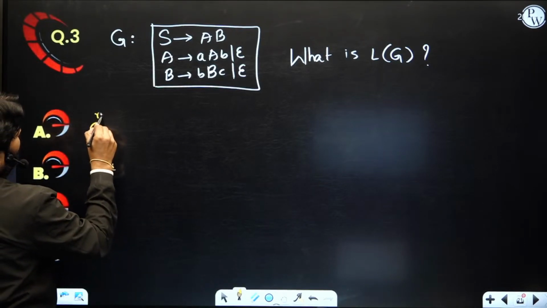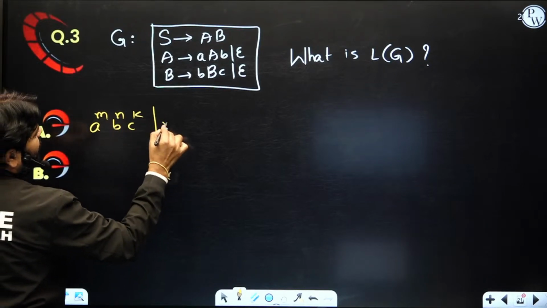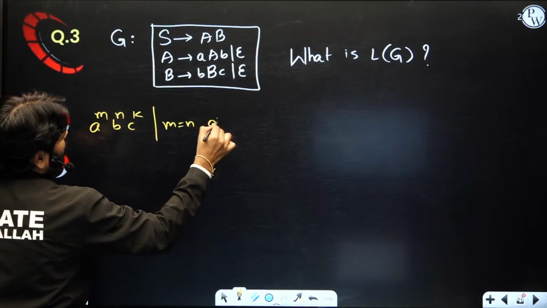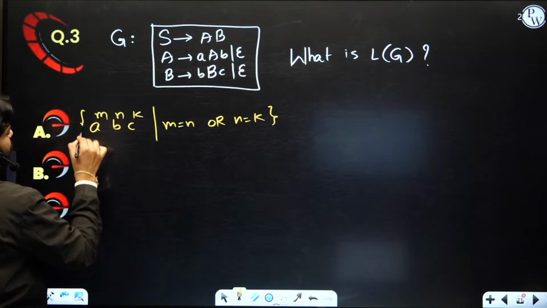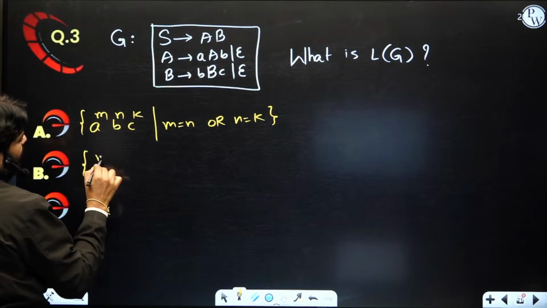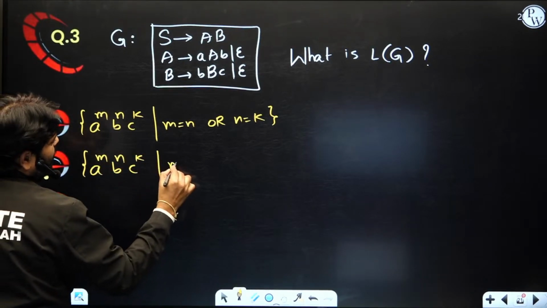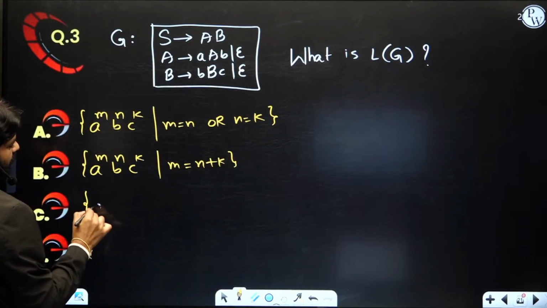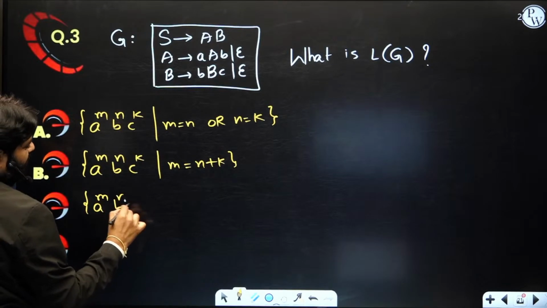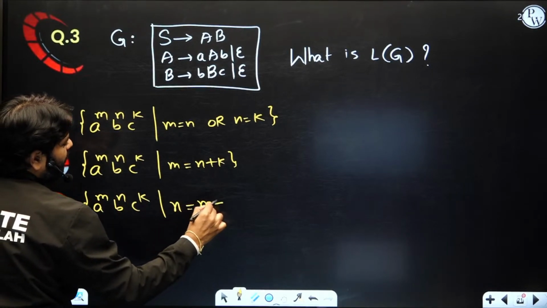A power M, B power N, C power K, such that M is equal to N or N is equal to K. Carefully answer it. A power M, B power N, C power K, such that M is equal to N plus K. A power M, B power N, C power K, such that N is equal to M plus K.